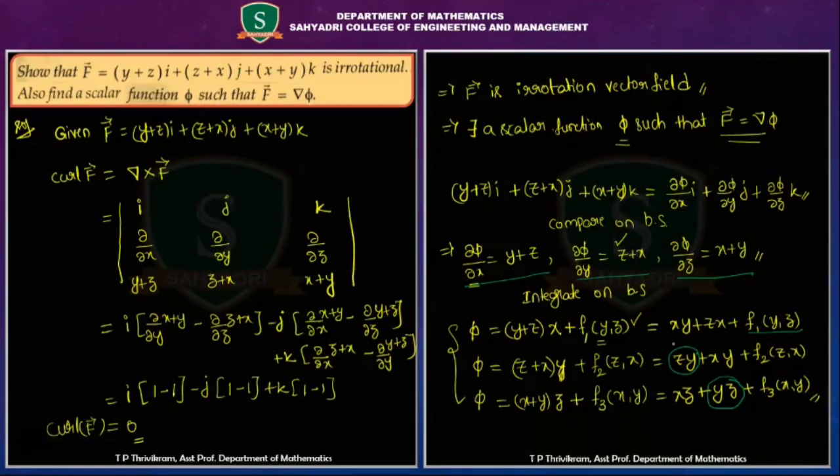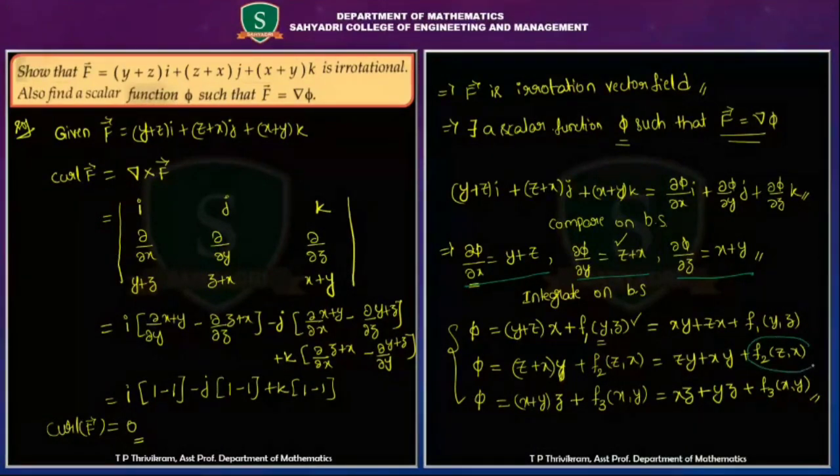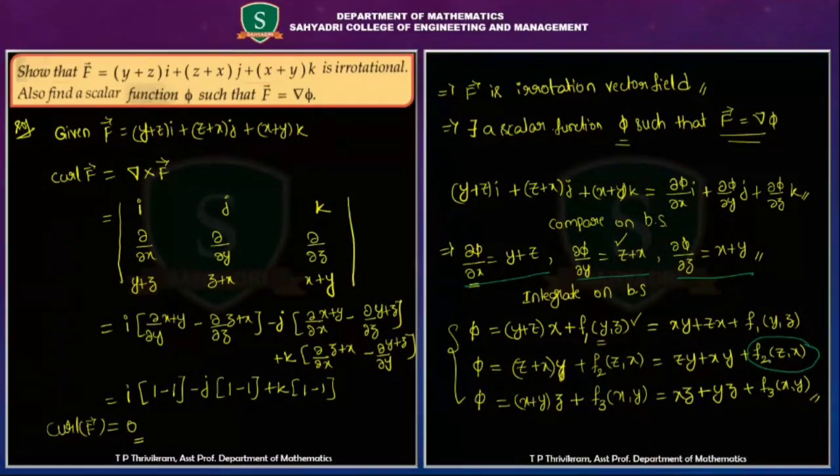Similarly, now I need to find f2 of z comma x. The z comma x function you have to search for in the remaining two equations. Here zx is there, here also zx is there. So f2 of z comma x must be equal to zx.